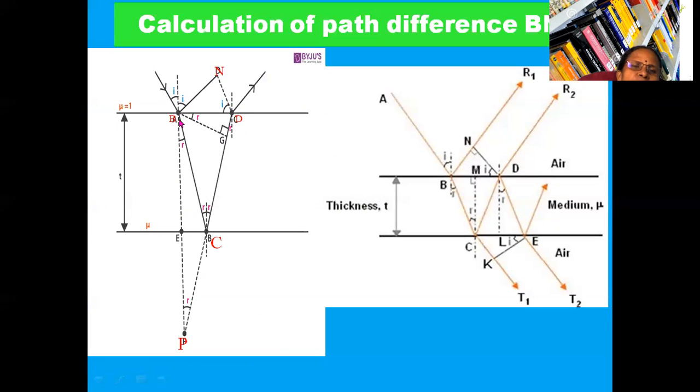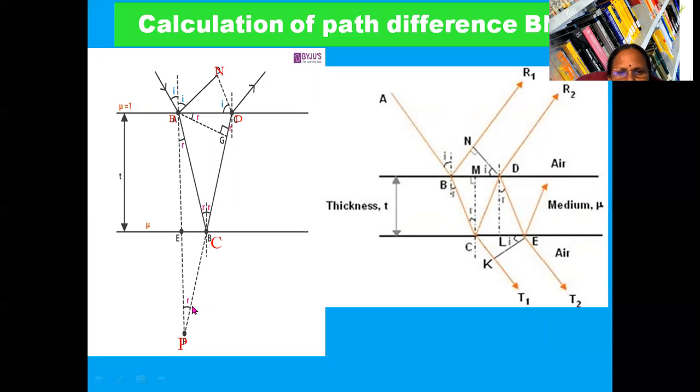One more construction we are going to do. We are producing this normal below, and we are producing this CD ray, projecting it backward till it meets the normal, and the point P is named as the point of intersection of this normal and the CD ray produced backward. Again this angle is equal to R, we can prove it very easily using the geometry of the diagram, but we are not going to do that because we are not interested in mathematics.